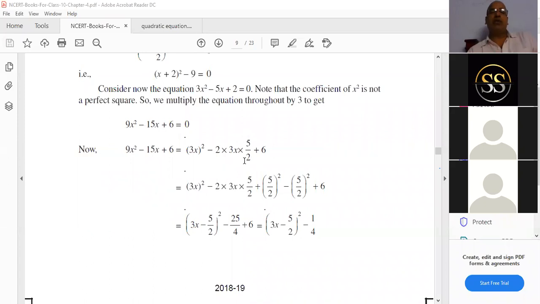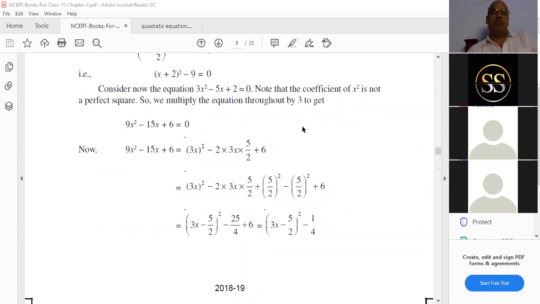How we got 5 by 2 means, actually I want to get 2ab here. 2 into a, which is 3x. So 2 3s are 6x. But here minus 15x is there. That's why I wrote 5 by 2.